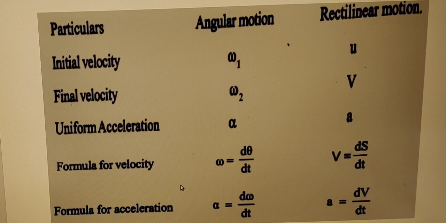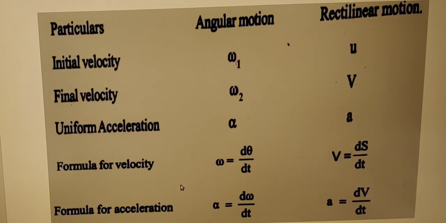In rectilinear motion we have already defined the initial velocity, with the notation u, and the final velocity, with the notation v. Acceleration is given the notation a, and the formula for velocity is v is equal to ds by dt, and the formula for acceleration is a is equal to dv by dt.